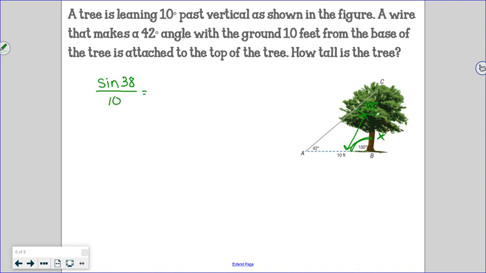Well, the unknown they're asking us to solve for is the tree, so again, going across from that would have been, we should have used angle 42 of the other two options there. And again, as I kind of am attacking this one, I see that the two angles we're working with, 38 and 42, they're not very far apart. I would expect my side lengths to not be very far apart.